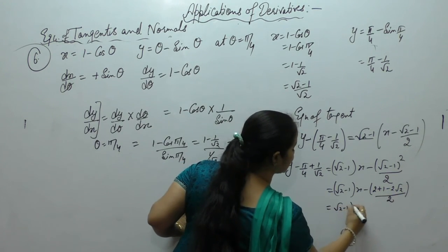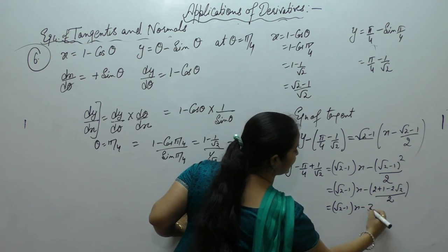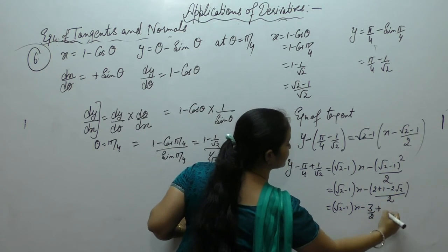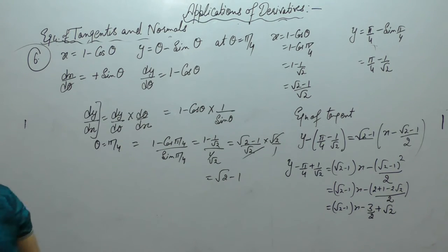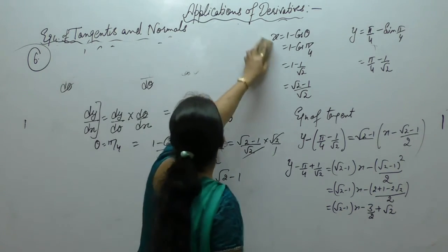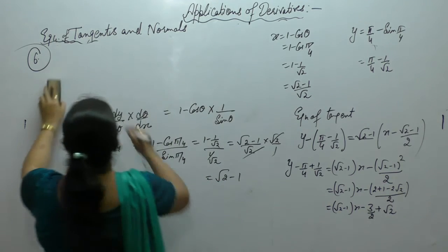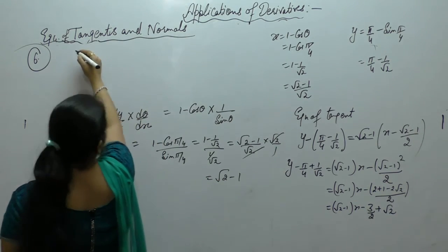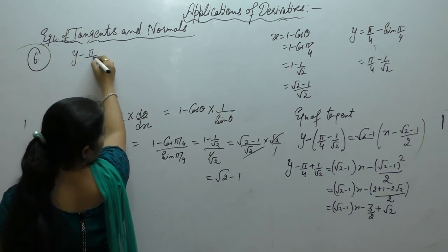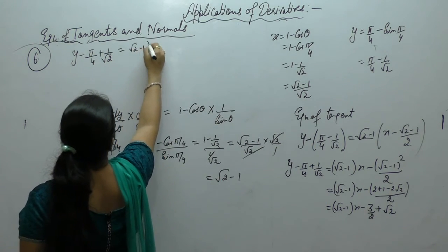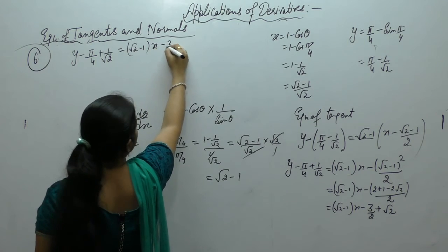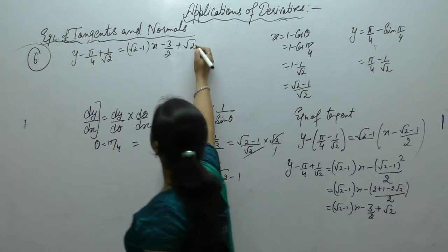Root 2 minus 1 x minus 3 by 2, minus minus plus 2 will get cancelled. So we get y minus pi by 4 plus 1 upon root 2 equals root 2 minus 1 into x minus 3 by 2 plus root 2.